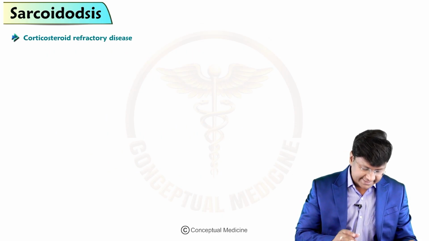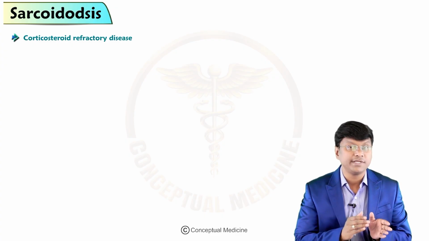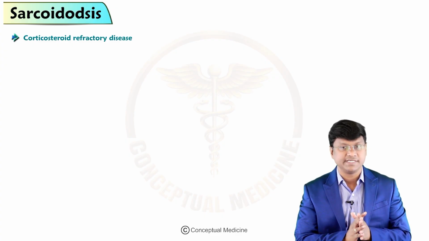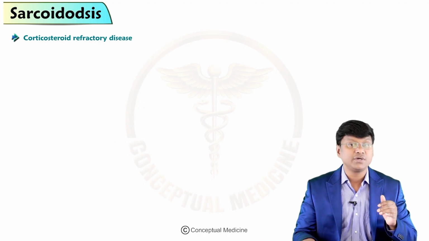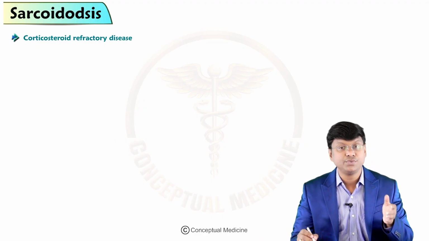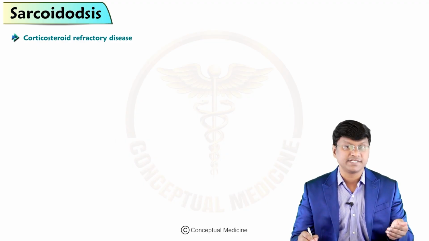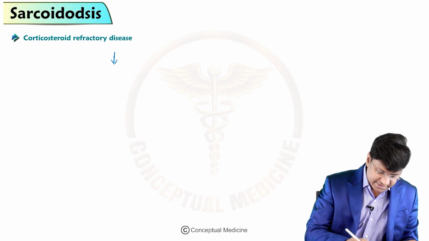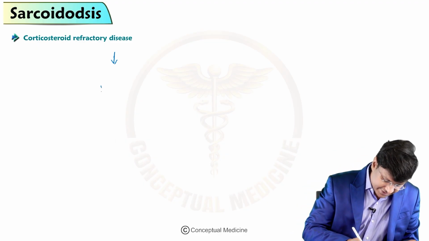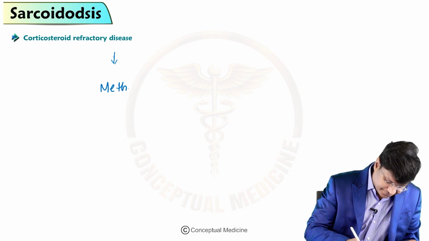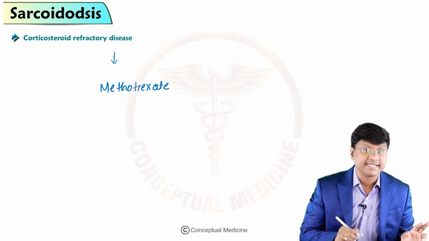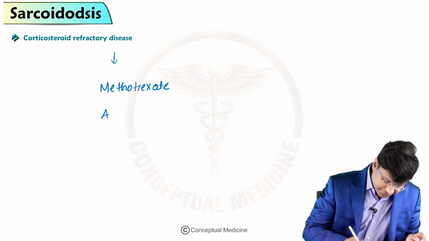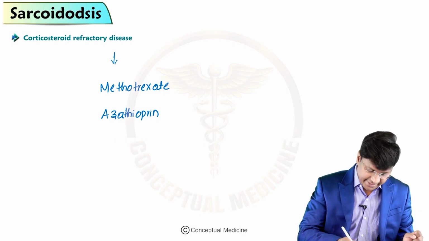Next, in a case of corticosteroid refractory disease, you need to give the immunosuppressant drugs. And these immunosuppressant drugs include, number 1, methotrexate. And second, azathioprine. And third, infliximab.